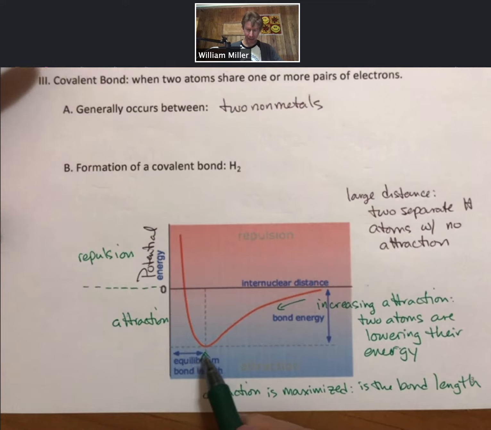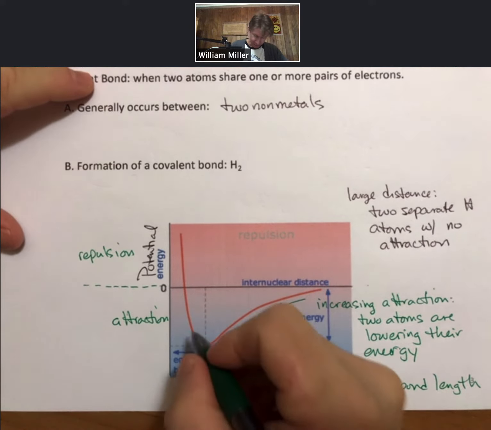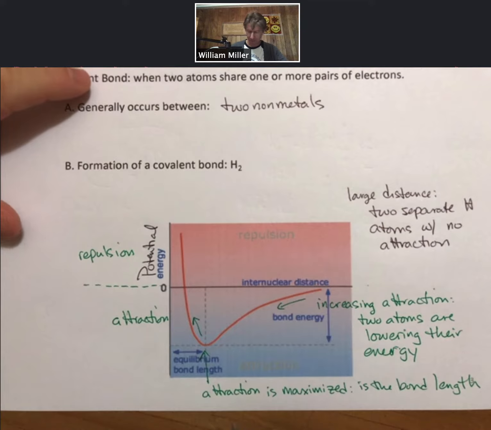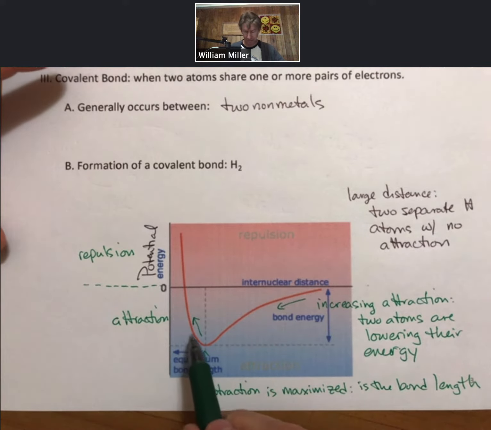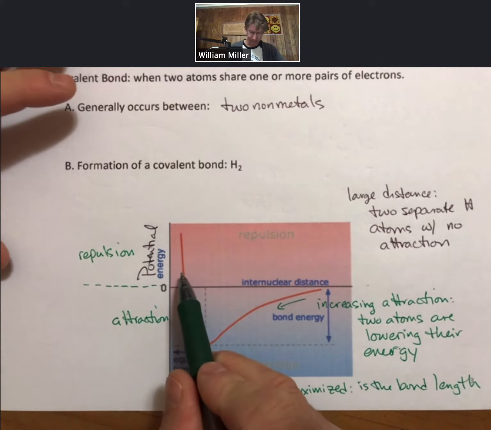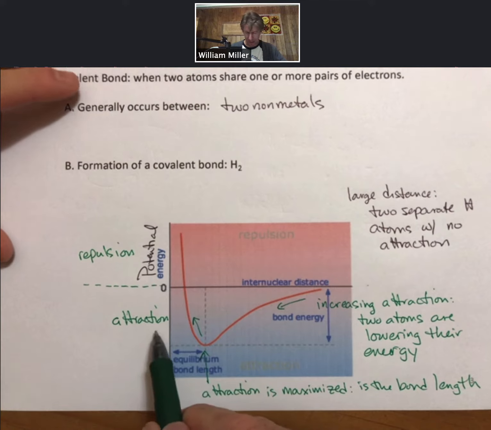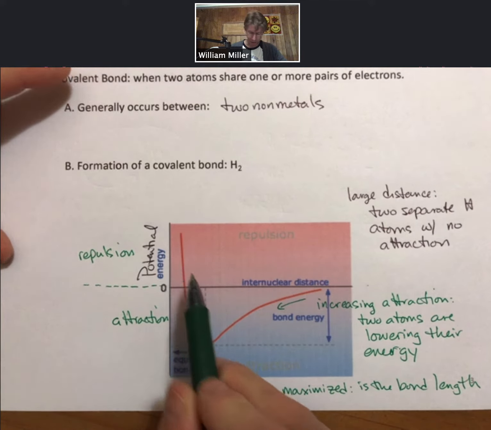And then as the two atoms get closer and closer together, at some point, each of the two nuclei start to feel each other and create a repulsion. And so as they move closer and closer together, there is an increasing repulsion, but we can think of it as a decrease in attraction before it truly becomes a repulsion.